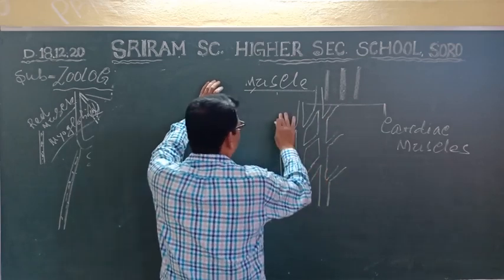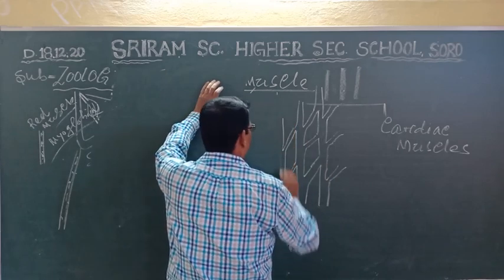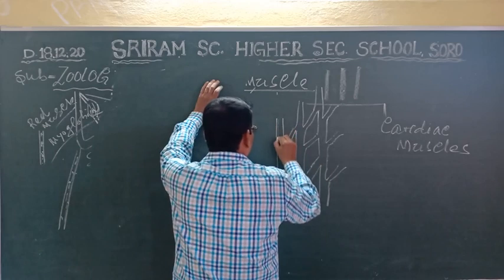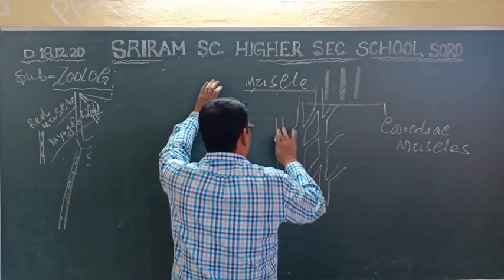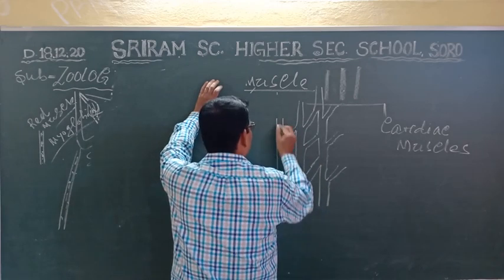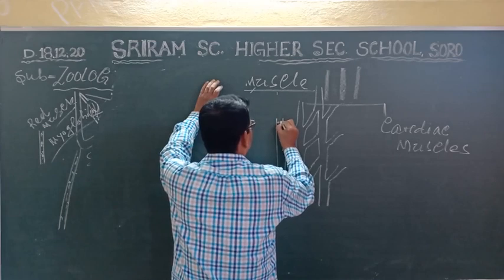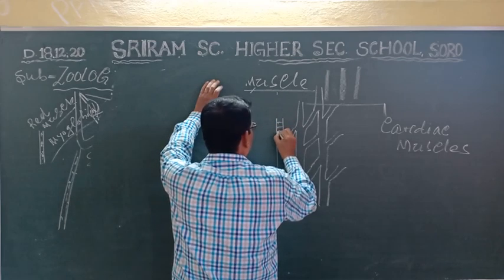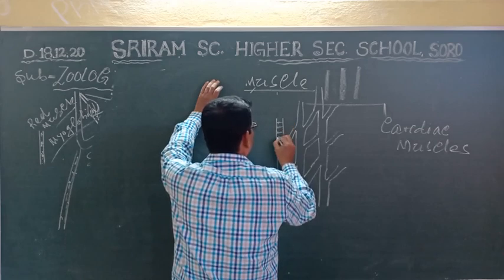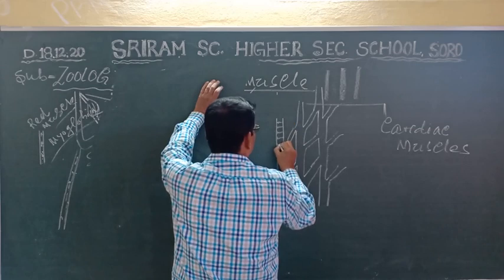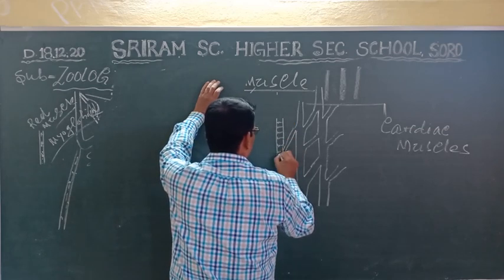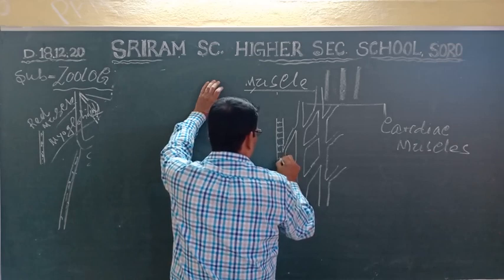The cardiac muscles are restricted to the heart as well as the wall of the veins which enter into the heart, like the pulmonary vein and the superior vena cava.